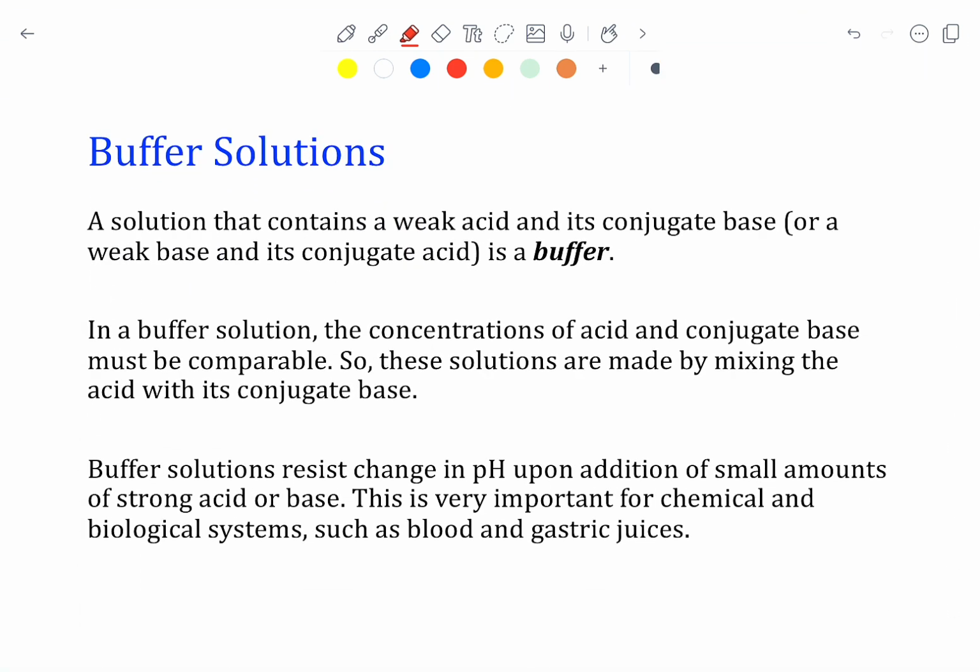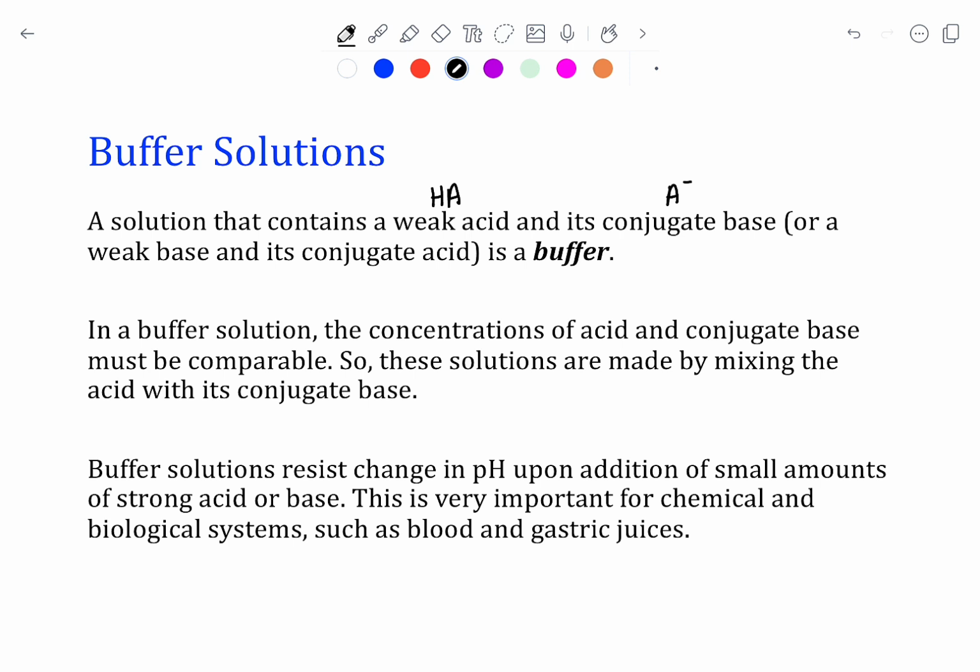This is when we have a solution that contains a weak acid, HA, and its conjugate base, A minus, or again a weak base and its conjugate acid. So when we have a solution with a weak acid and its conjugate base, or a weak base and its conjugate acid, this is referred to as a buffer solution.